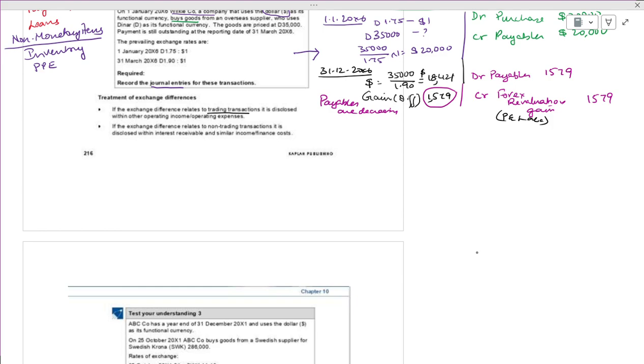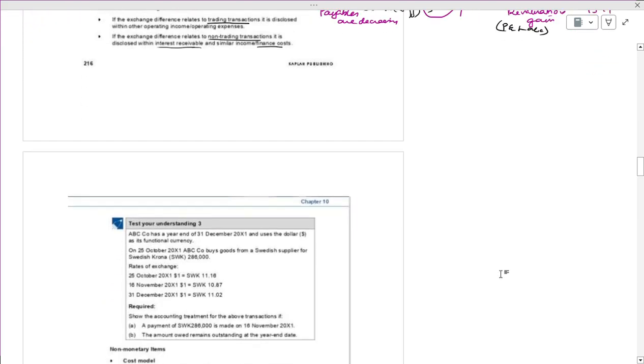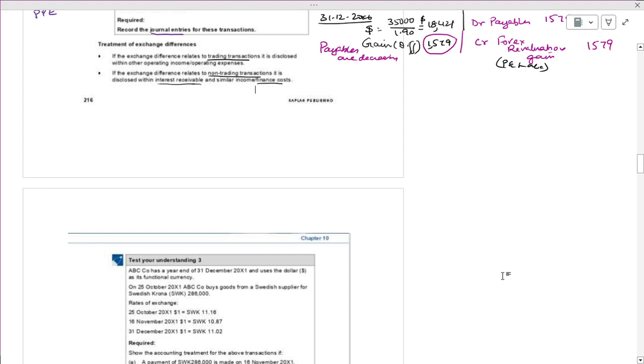If the exchange difference relates to a non-trading transaction, such as interest receivable, which is not related to purchase and sale, and similar income and any finance cost, it is disclosed within interest receivable or finance cost.